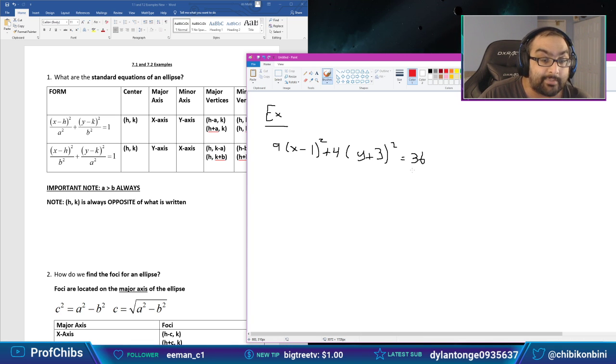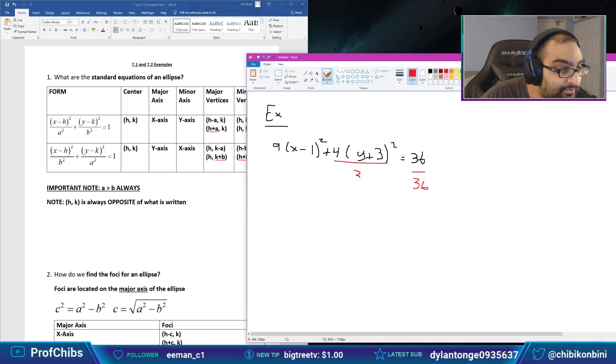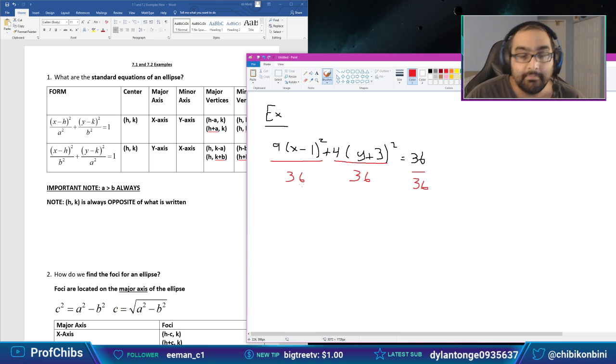I can't subtract 36, Jess, because then I'm going to have 0. Instead, I can divide by 36, and then for a certainty I'm going to have a 1 on the right-hand side, okay?